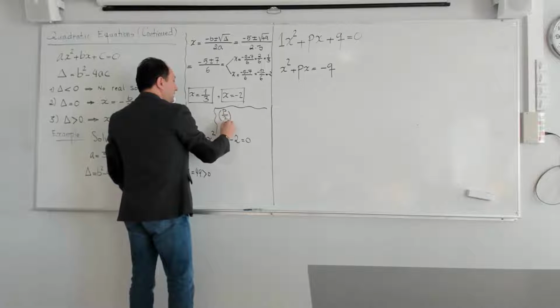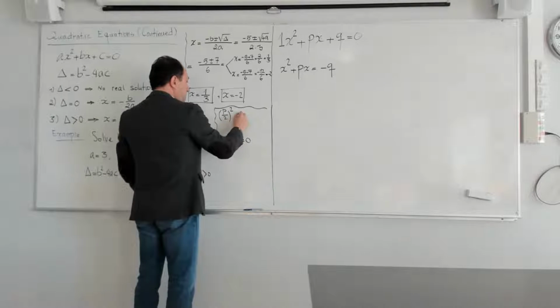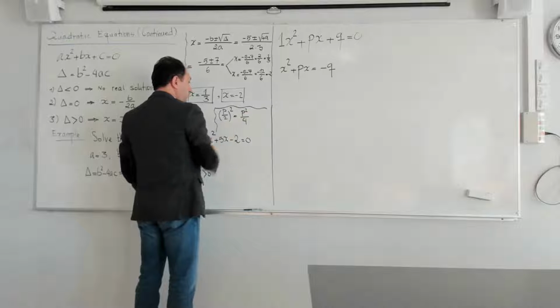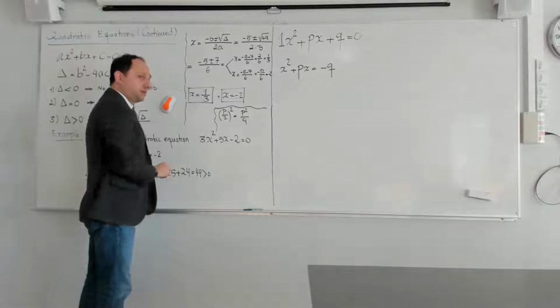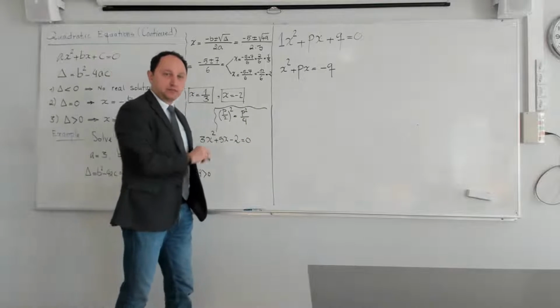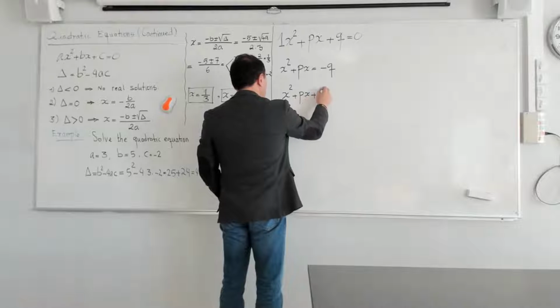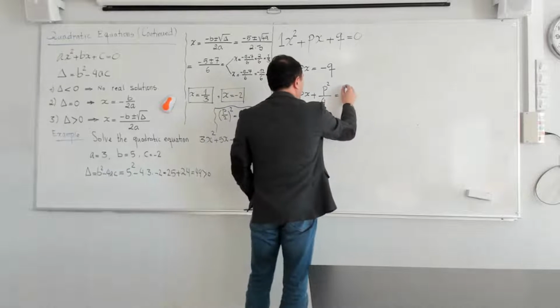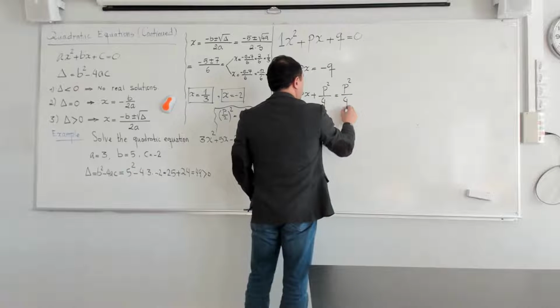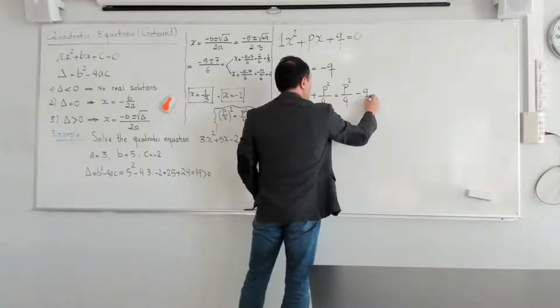After that, you square it. This becomes p squared divided by 4. This is the number that I have to add to both sides, yes? So this becomes x squared plus px, and then plus p squared divided by 4. On the right-hand side, I will also write p squared divided by 4, and then I have a minus q there.